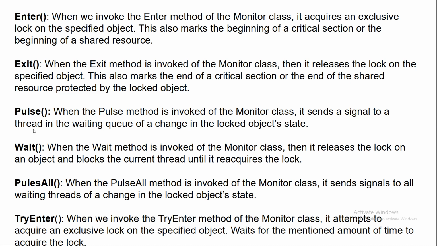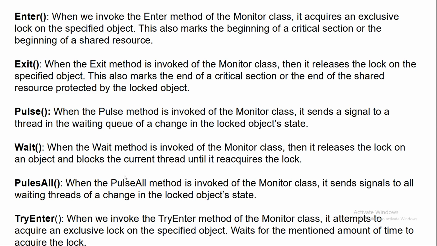So these two go hand in hand: you say Wait and Pulse. Wait means the current thread is waiting, and you are asking the other threads to try to access the critical section.